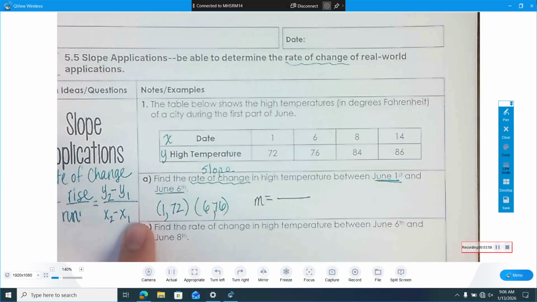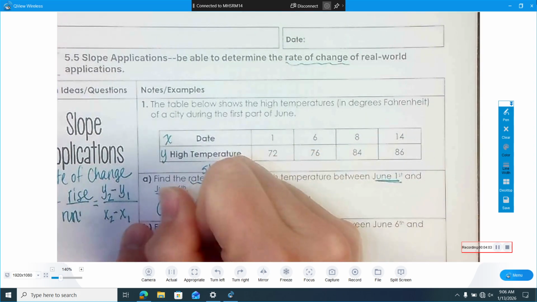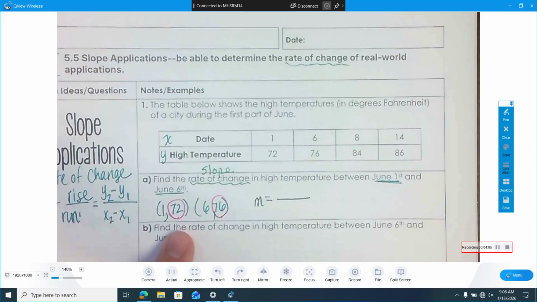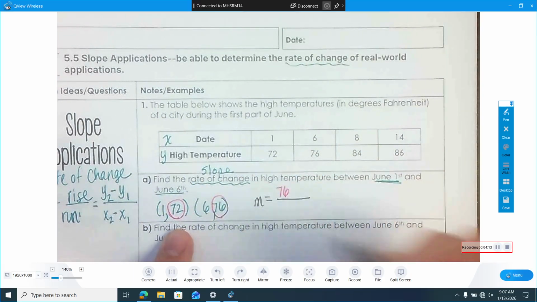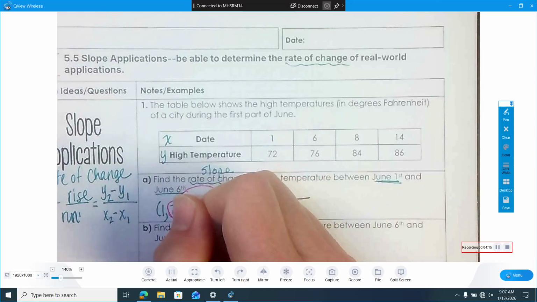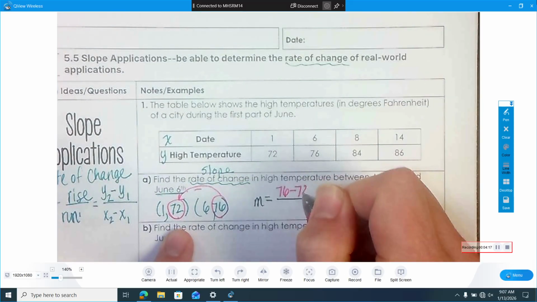What is our slope? Just like yesterday, I'm going to circle my y values to help me identify them, and all I have to do is subtract them. So I'm going to start with my second ordered pair, 76, and subtract the 72.